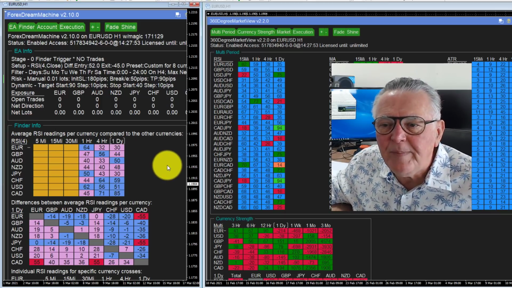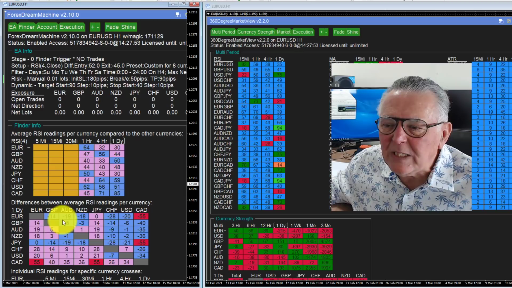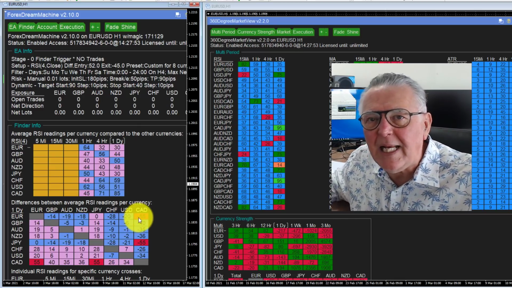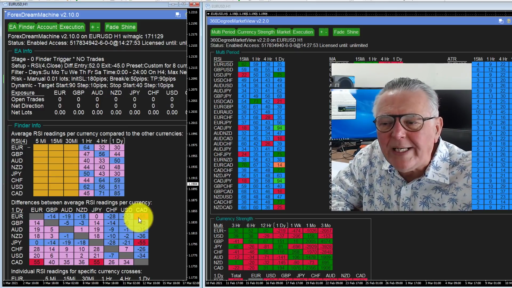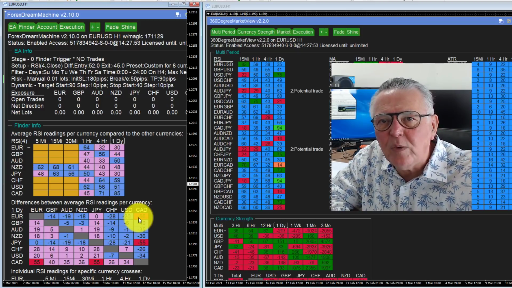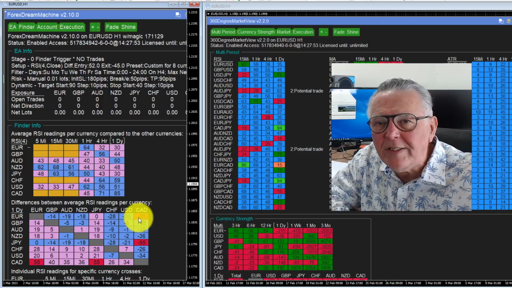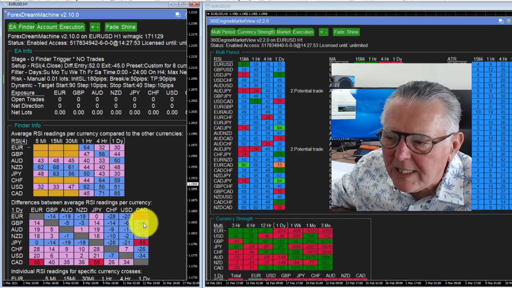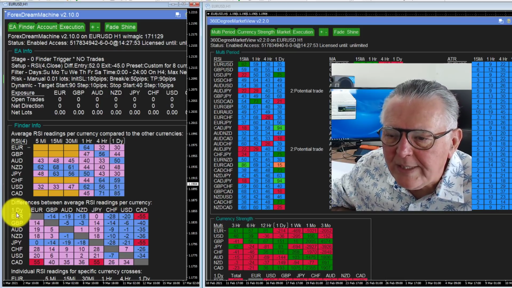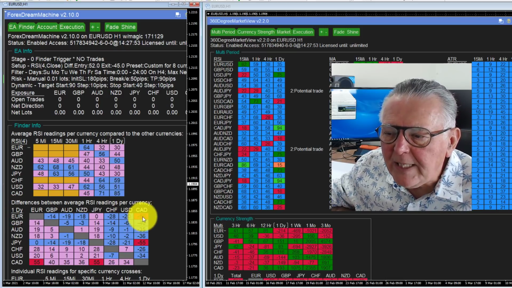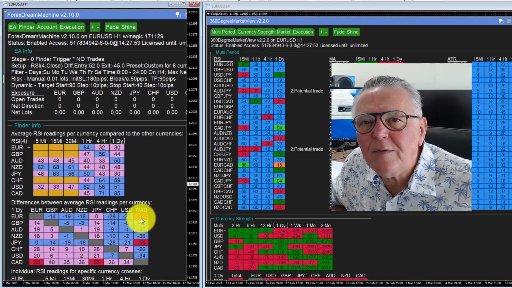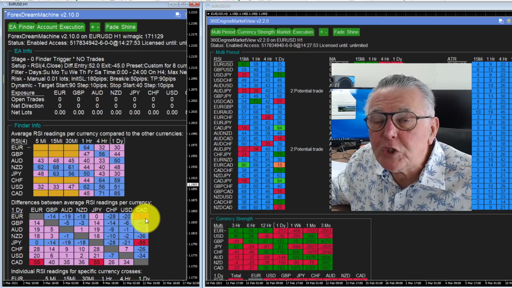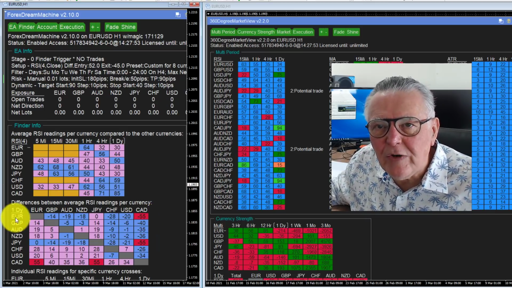And the finder information will look at the strength of a currency and then look at the weakness of another currency, and it will say the difference between the two is a particular number. Now, if we look down here, you'll see on the 1 day time frame, the CAD is 55 units stronger than the euro.